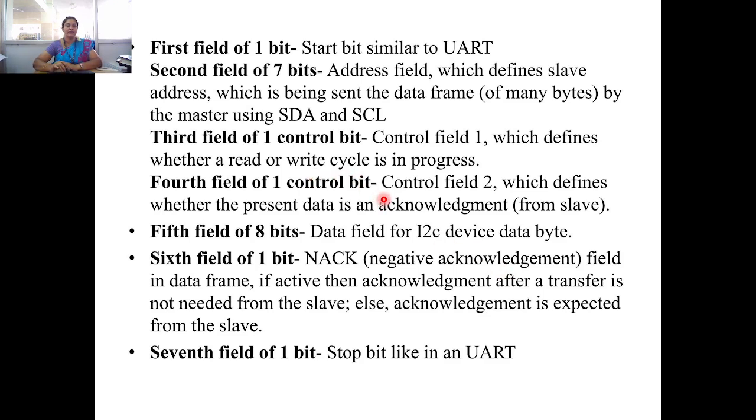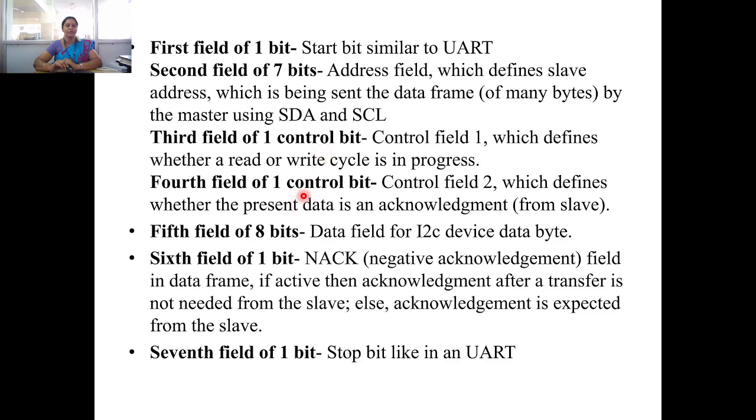And here we have to consider the 7 bits, that is up to the 7th bit. 0 is a starting bit, and 1 is also a start bit, as in UART, universal asynchronous receiver and transmitter. The second field is the address field, which is controlled by your serial data and serial clock pulses. The third one is a control unit, which is for read and write.